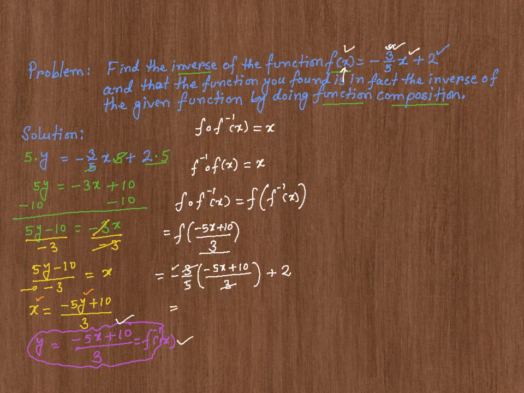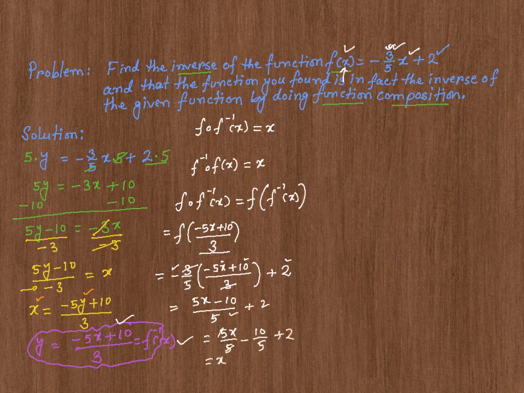Then you're going to have negative. Don't forget about this negative. If I distribute it, negative times negative 5x is going to be positive 5x. Then negative times 10 is negative 10. Divided by 5 and then plus 2. Then I can just break it down further: 5x over 5 minus 10 over 5, then plus 2. 5 and 5 cancel out.